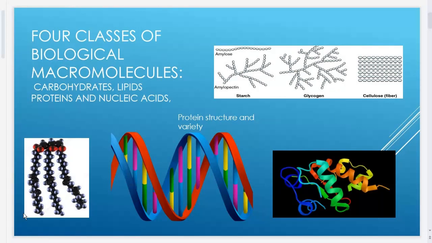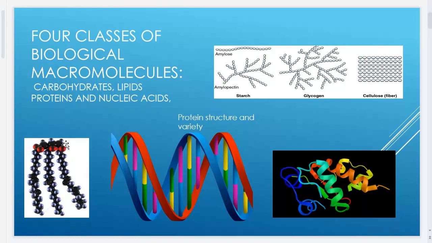Lipids are also a combination of carbon, hydrogen, and oxygen like carbohydrates, but they are different in many ways. First, lipids have a different ratio of these elements. They tend to have more carbon and hydrogen and less oxygen than carbohydrates do.